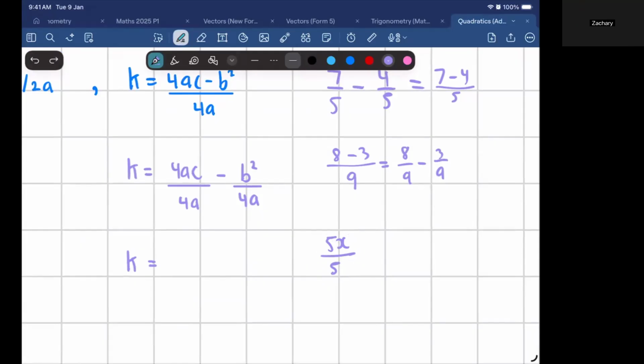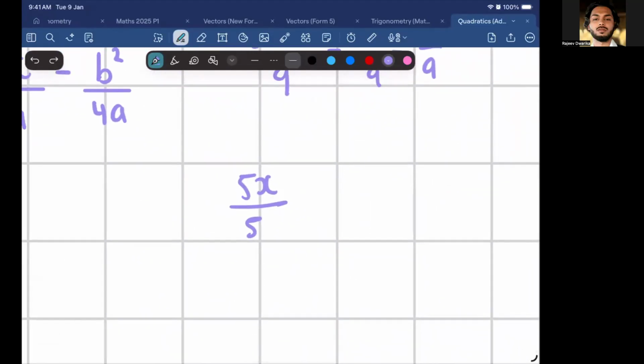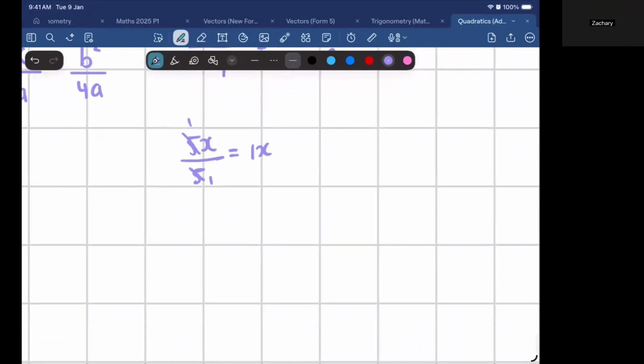If you simplify, 5x divided by 5. You could simplify that. Do you know how you would simplify that? 5 into 5 is 1. So just 1x. Yeah. Okay.